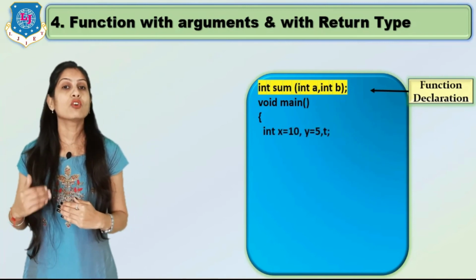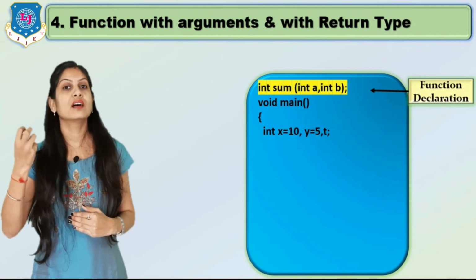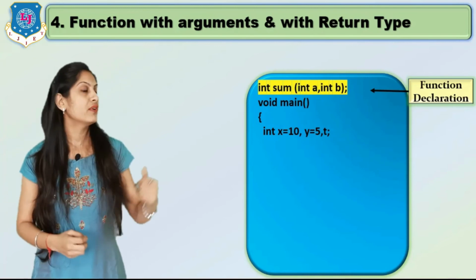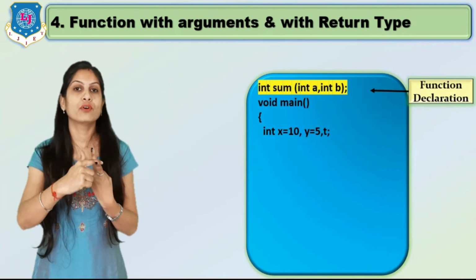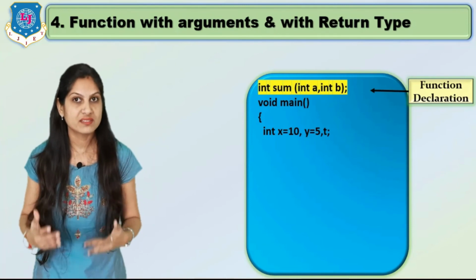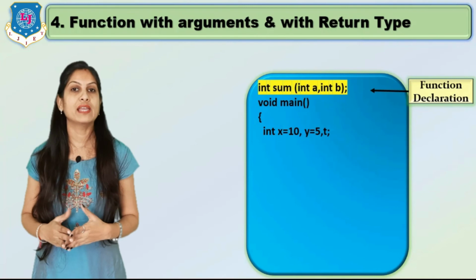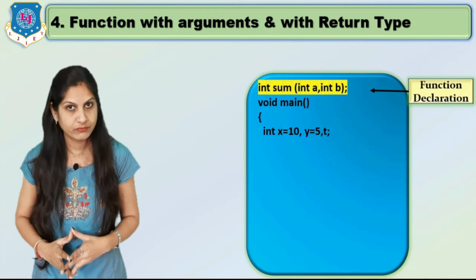But when you are calling a function, it returns a value also and it reads the input also. For that first we have to write 3 variables, 2 for our input and 1 for our output. So here I am writing integer x equals 10, y equals 5 and a third variable t, that stores the return value of that particular function.